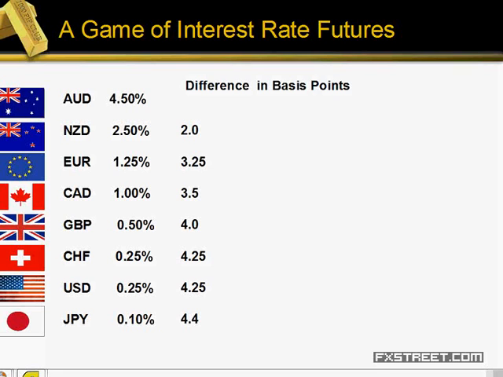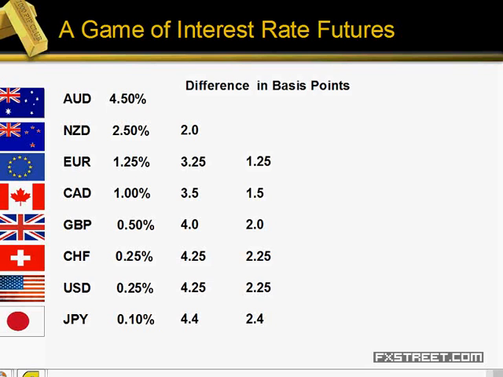So you see the difference between the Aussie and the New Zealand is really 200 basis points. That's huge, but when you get down to the difference between the Aussie and the yen, 440 basis points, that's a great trade when the Aussie is going up. Not so great when it's going the opposite direction and that 440 basis points is charged back to you.